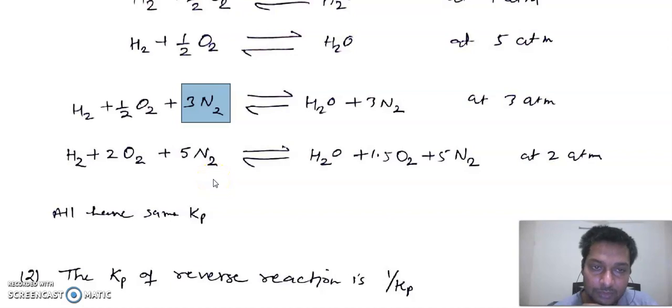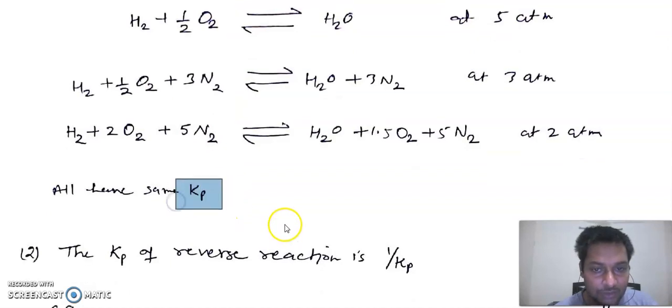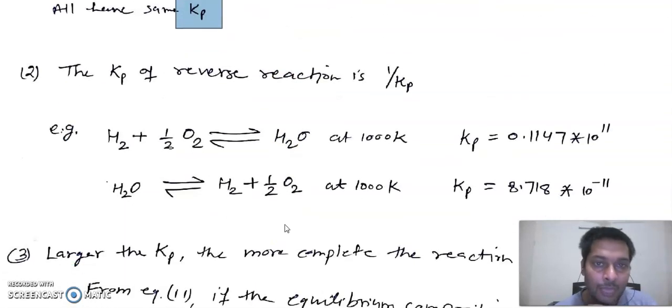Again the Kp value will be the same. Whether we change the pressure or add inert gas, it does not affect the Kp value.